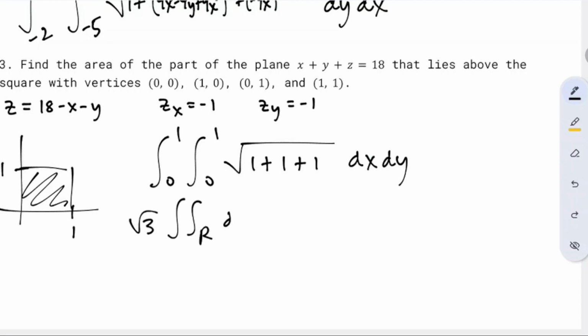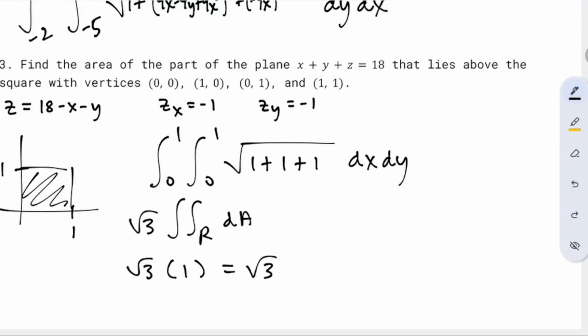That's just the double integral over R of dA, so I can multiply the square root of 3 times the area of the region, and that's just going to be square root of 3. Okay, I could bump this problem up in difficulty though, right? I could make it 2x plus 4y plus z equals 18 and make the square bigger, or like a rectangle that we know the area of.